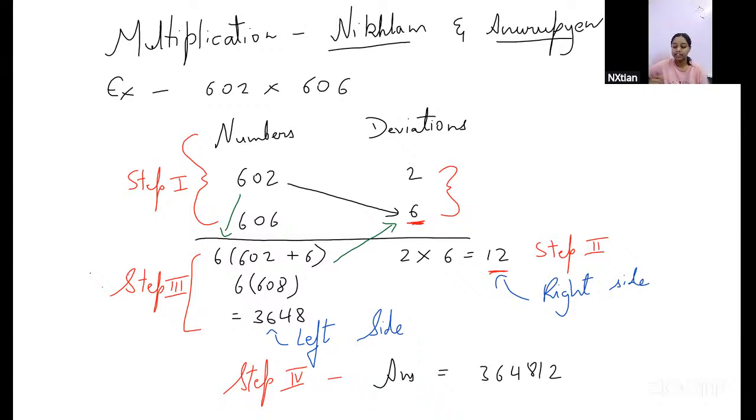But just remember: take this number, add this deviation to it, and what you obtain, multiply that with the first digit of the first number. Then you will get the left side of the answer.